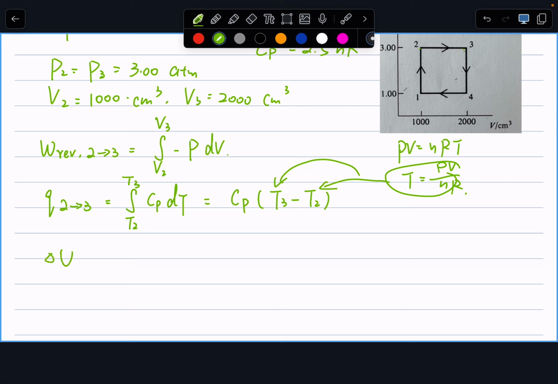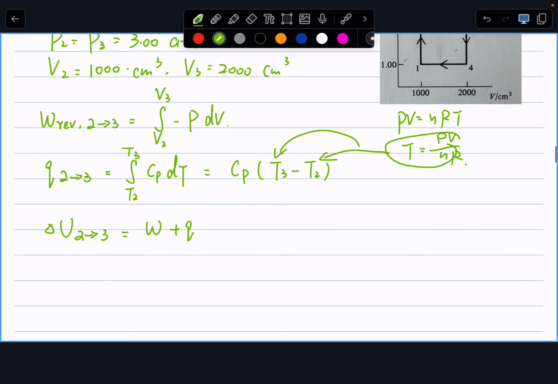And then you can get a number, and you can get delta U from 2 to 3 by writing it as the work plus heat. This is a very nice point that you can check, because you can either calculate your delta U as work plus heat, or you can also calculate delta U using the equation dU equals Cv dT.